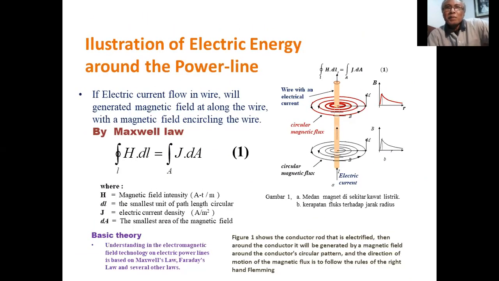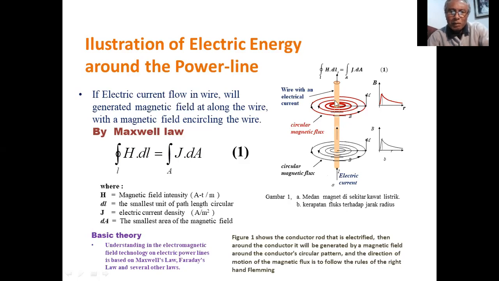The basic theory: the understanding of electromagnetic field technology on electric power lines is based on Maxwell's law, Faraday's law, and several other laws. This figure is an illustration of Maxwell's law. If current flows in a wire, it will generate a magnetic field along the wire, with the magnetic field encircling the wire.